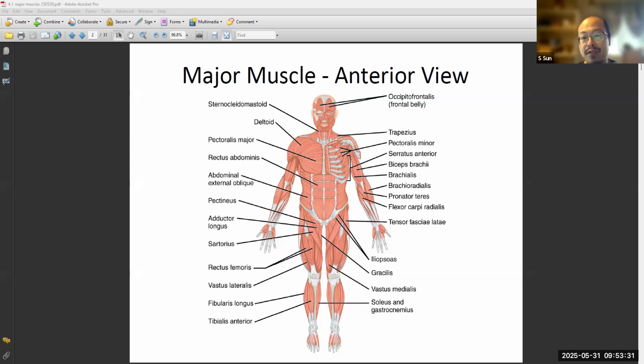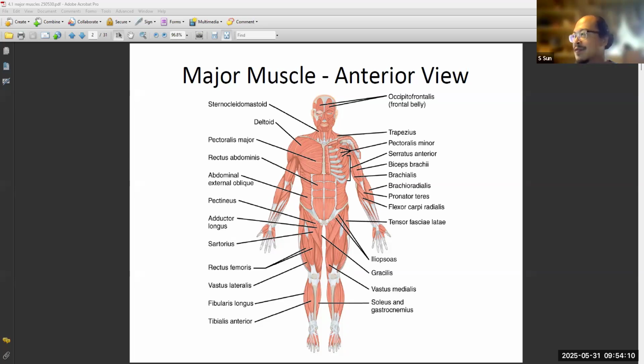So the name of the muscle usually comes with the origin and insertion, very much like a flight, like LAX to Paris, something like that. Most of them are like that.